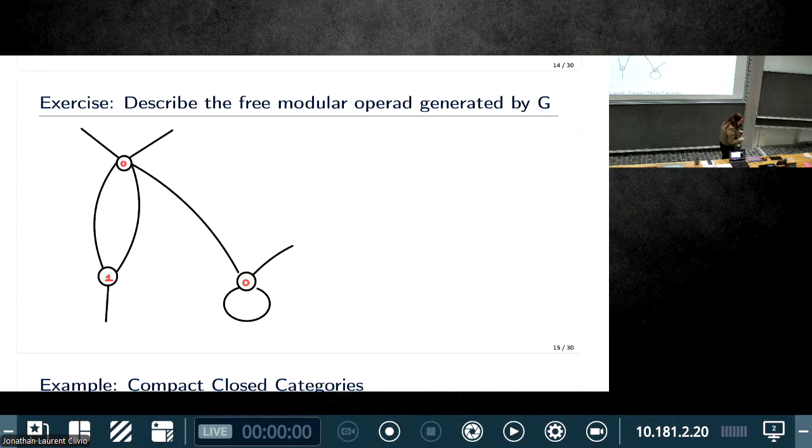I had this as an exercise. Maybe I'm going quite fast, so I'll get you started. Here I drew a graph. Like I said, this is online for you, and I didn't label anything, but you can see the little zeros, these are genus 0 vertices, and then I give you one genus 1 vertex.